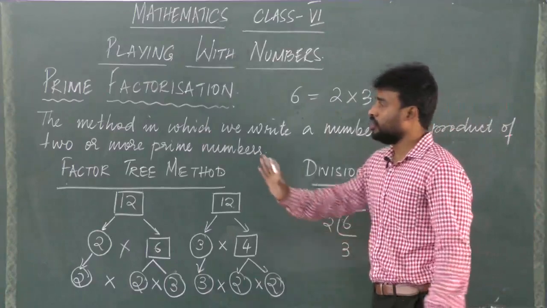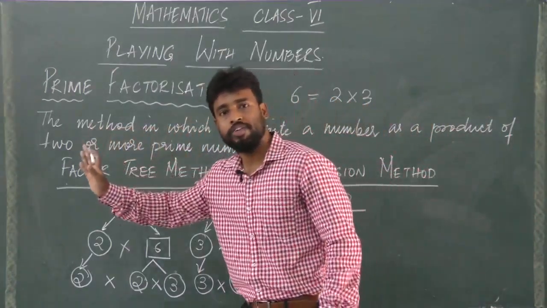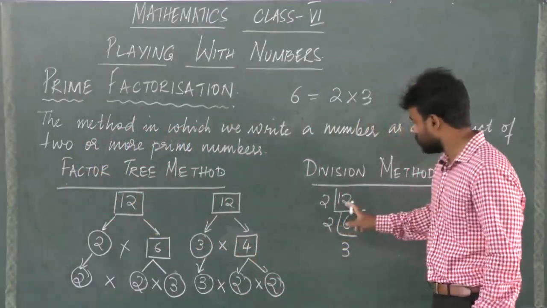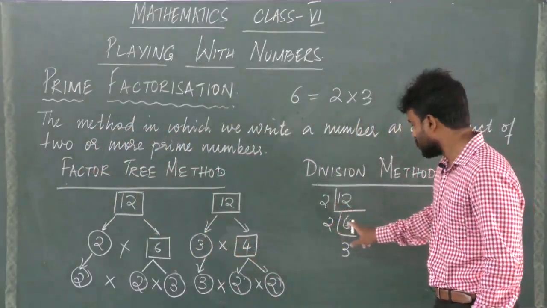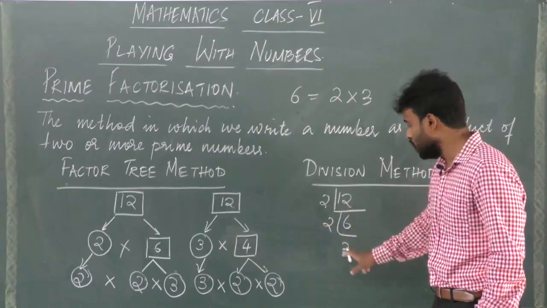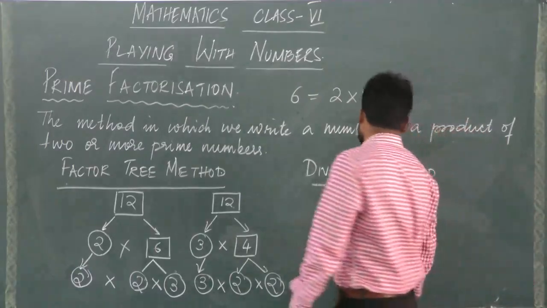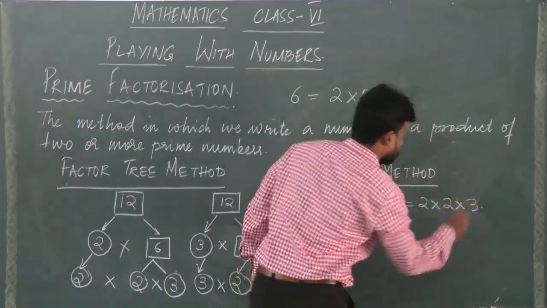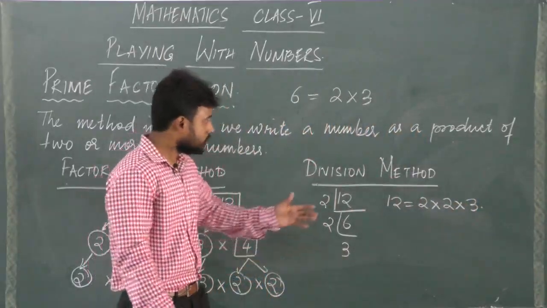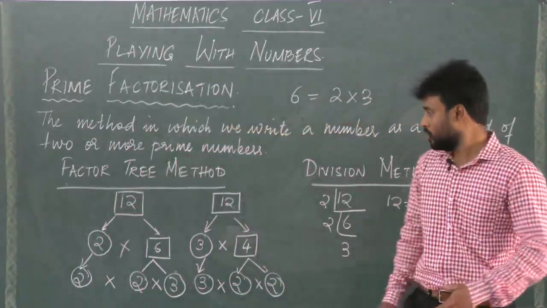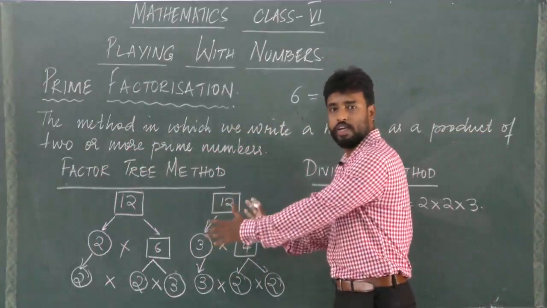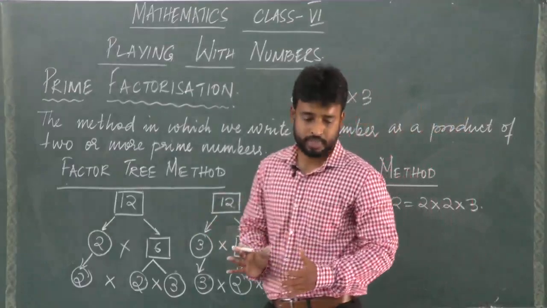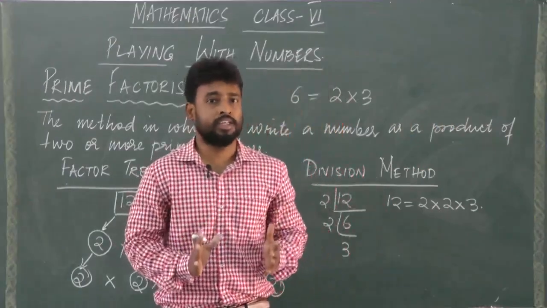Remember, when we factorize, or if it is prime factorization, we always should take prime numbers. So here we have 12, we divide 12 by 2, we get 6, 6 again divided by 2, we get 3. Therefore we can write 12 as 2 into 2 into 3. So this is what we do in the division method. This is how we do it in the factor tree method, and this is how we do it in the division method. So that is what prime factorization is all about.